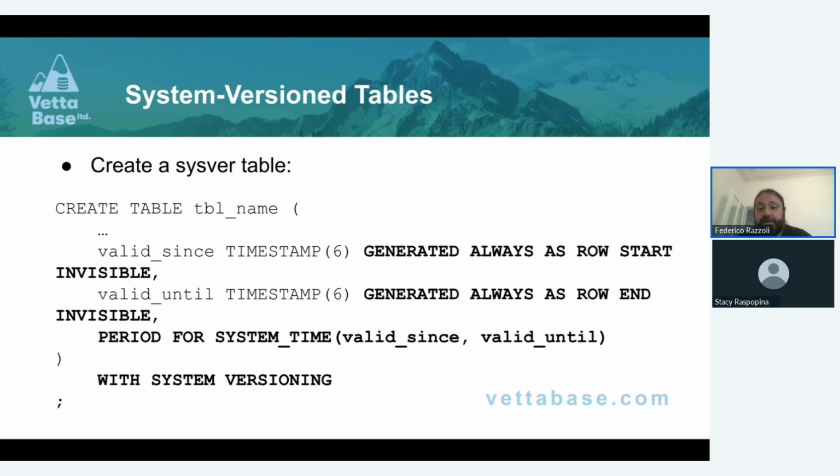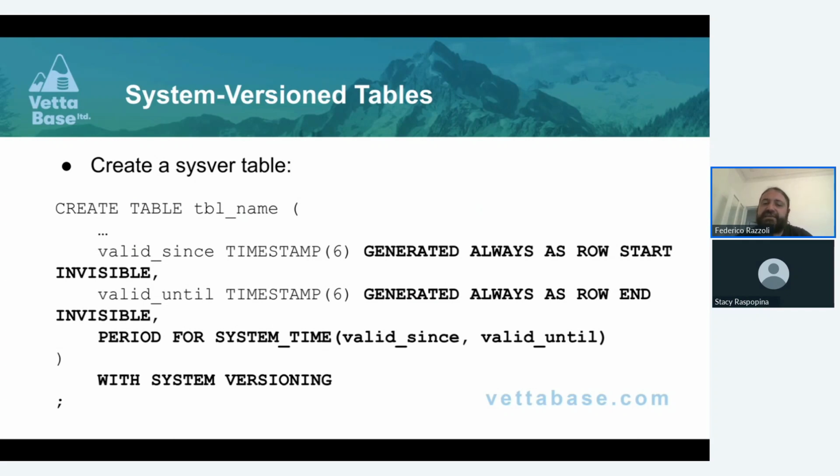And then there is this probably redundant syntax. I have to repeat the column names and write with system versioning. I say that you don't have to specify the columns, because if you don't, this will happen automatically. But the problem is you don't know the names of these columns and you can't use them in any way.